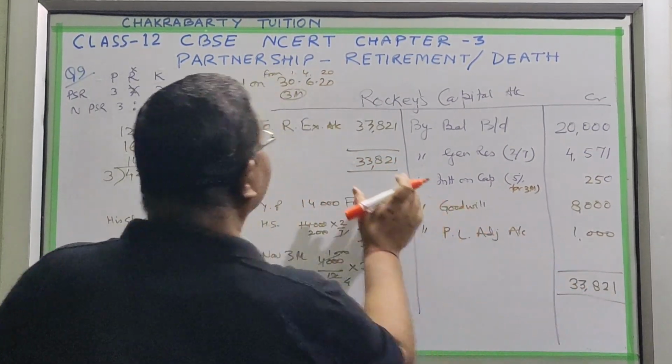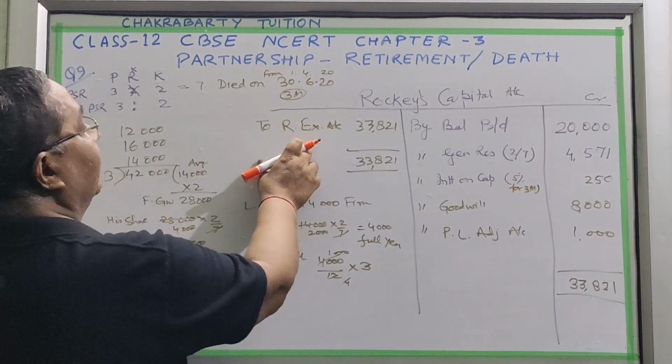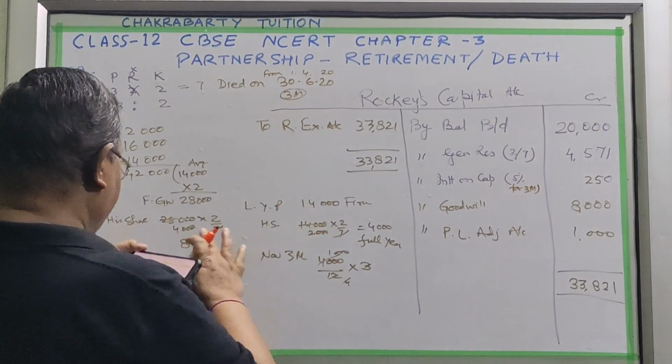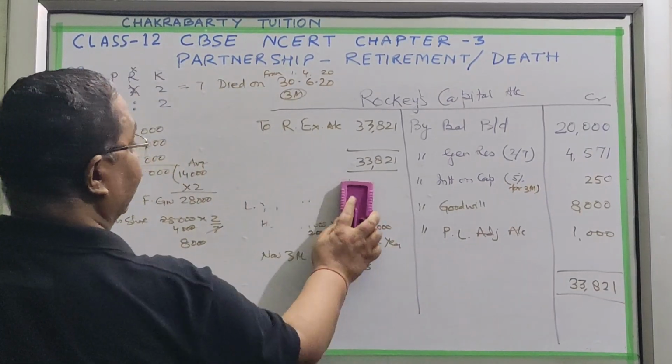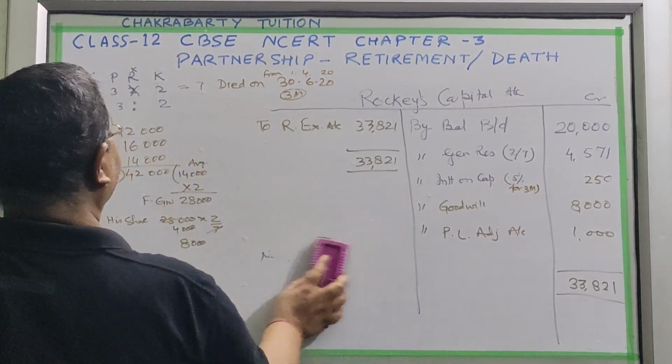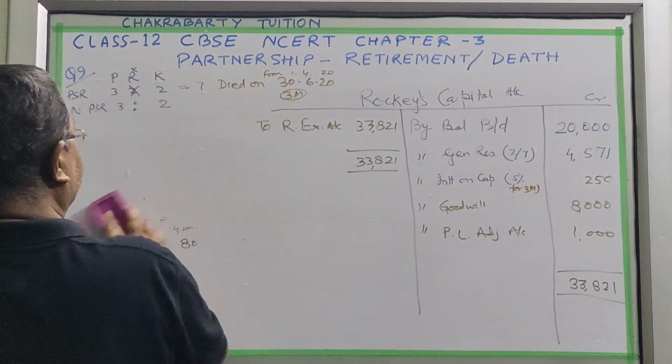So this is the executor's account, and the executor will get this money. Now you have to pass the journal entries. As the ledger is over, here we will make the journal entries.